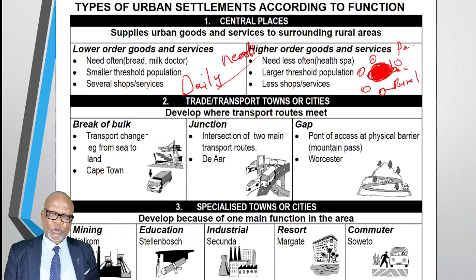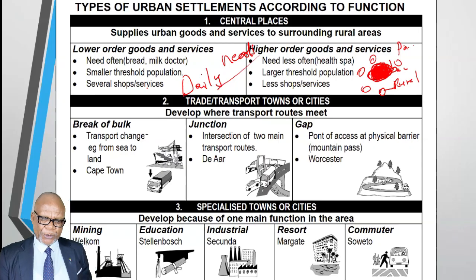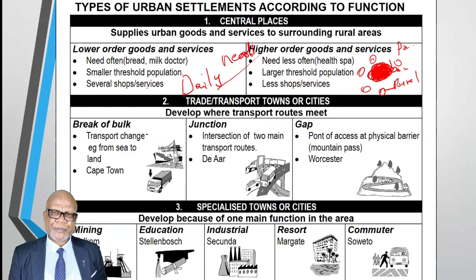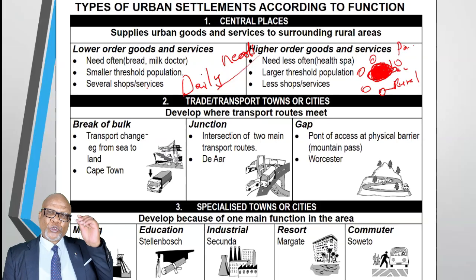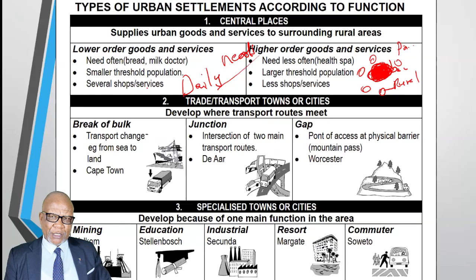So low order goods are the goods that you buy daily, not necessarily use daily, because you can have a car, and a car is not a low order good. A car is a high order good, but you can be using your car every day.